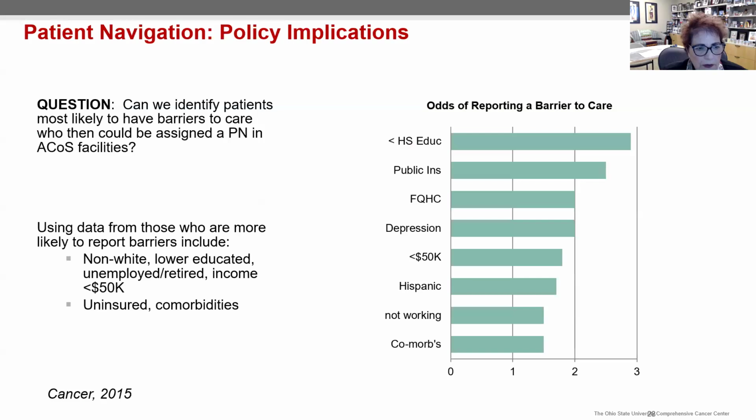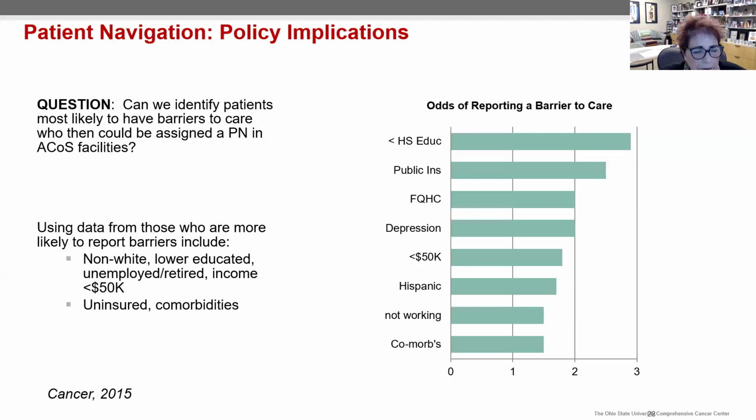And then we did another analysis where we were trying to identify patients who were most likely to have barriers to care, because we know the more barriers they have, the less likely they're going to come in on time. And then depending on type of barrier, the harder it is to get them in.